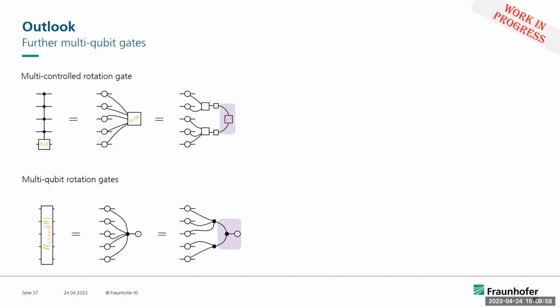And maybe some ideas about further work we also look into. It's interesting to see that many of these multi-control operation gates or multi-qubit gates, for example, general multi-qubit rotation gates, you can again use ZX calculus to write in a form where the 2 partitions you want to cut are only connected by one wire, shown here in this purple box.